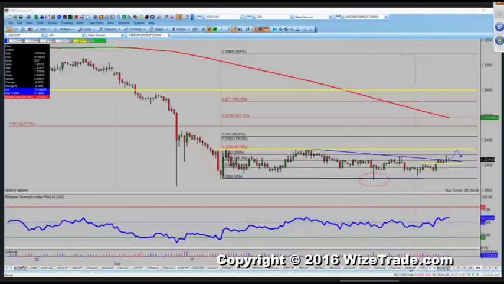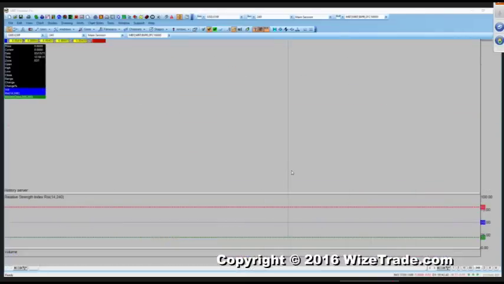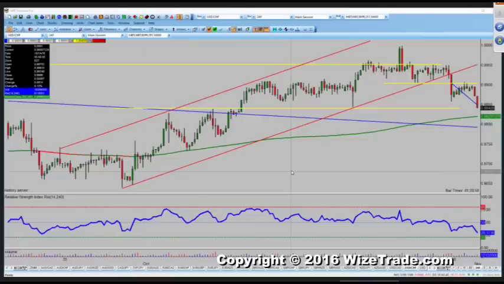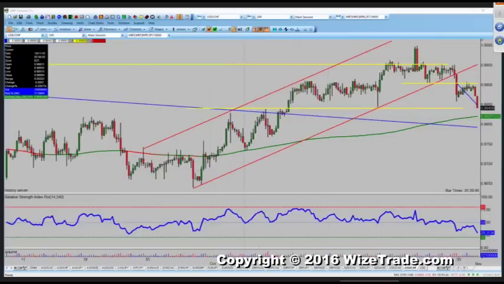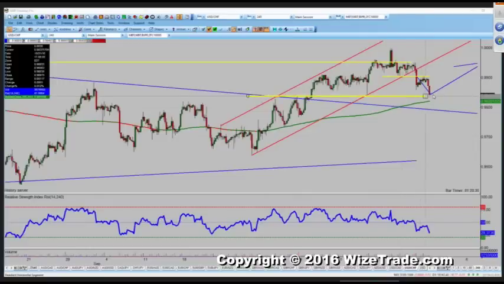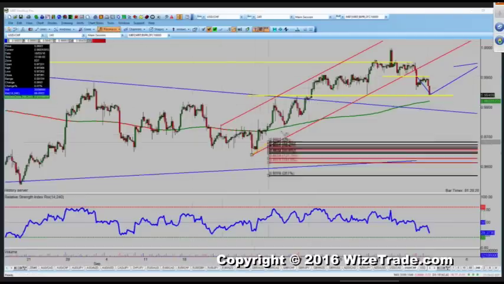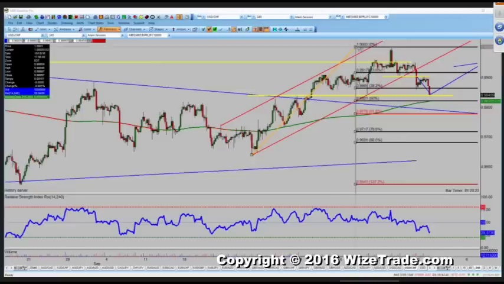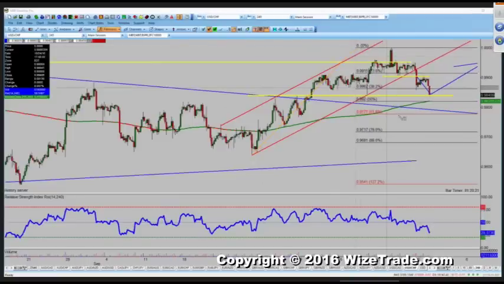All right, dollar Swiss. So the dollar Swiss has come under a little bit of pressure as well. Now the dollar Swiss is actually sitting on support right now, 98.40. Now let's figure something out. Below the 38% retracement, the 50% retracement comes in at 98.17 and then 98.